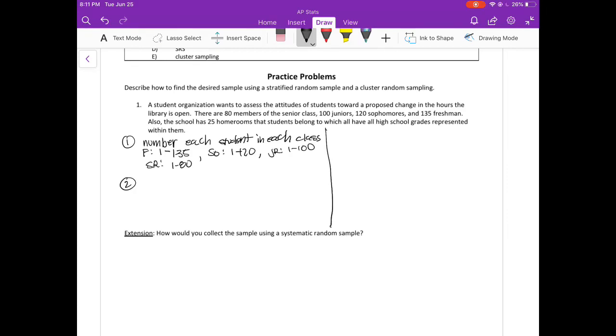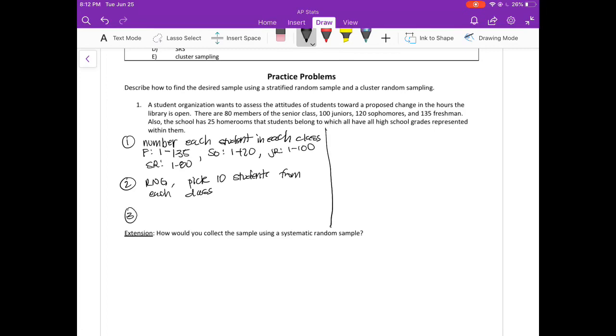Then, using a random number generator, you're going to pick, it doesn't say here how many students in total they want, so let's just pick a random number. Let's pick 10 students from each class.